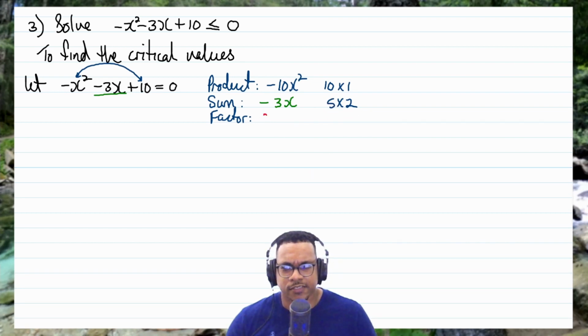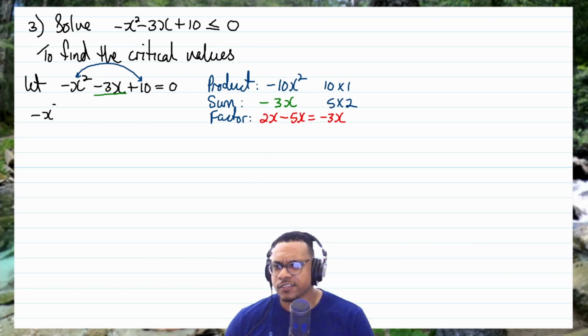So therefore I'll write 2x take away 5x will be equal to -3x. So I'll be replacing this -3 here with +2x take away 5x. So I'll have -x squared plus 2x take away 5x plus 10 is equal to 0.